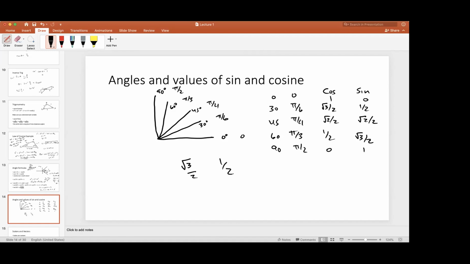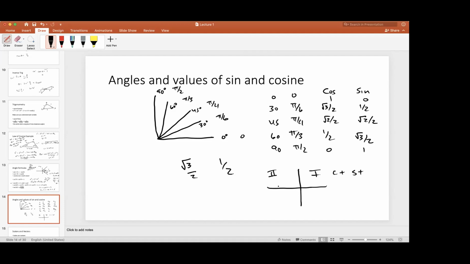So if you know those values, you can use them in a problem and save yourself some time of putting things into a calculator. If you're one of those people that can memorize stuff really well, memorize it. The other thing, as we already noted, in quadrant 1, cosine and sine are both positive.